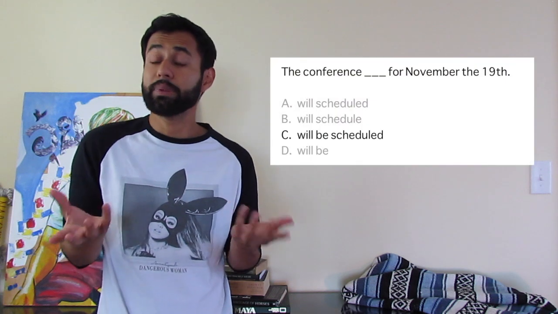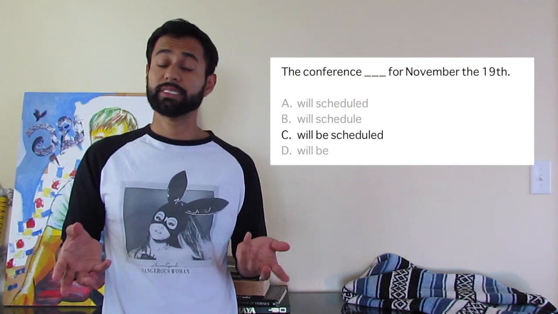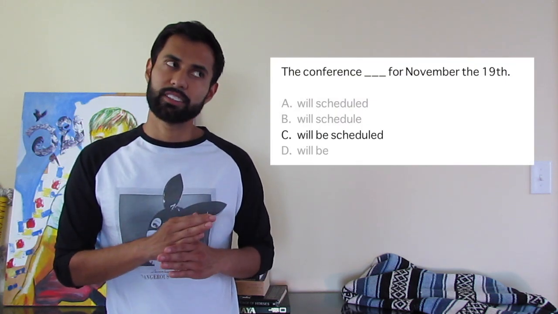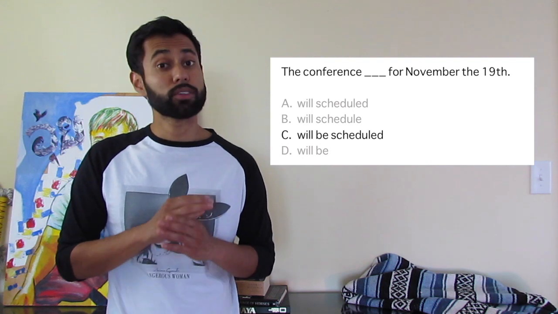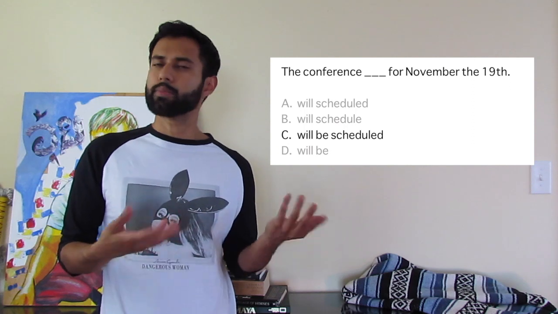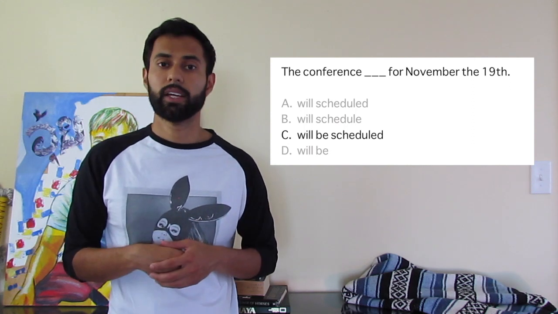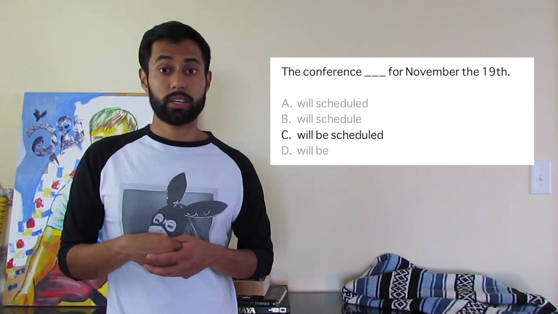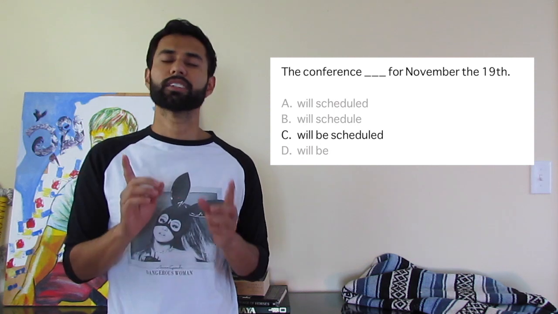So all our answer choices have will. Okay, so what's next? We need be again. Well, A and B don't have it, so those are not right. And then answer D is missing the past participle, so that doesn't work either. Therefore, the correct answer is C.